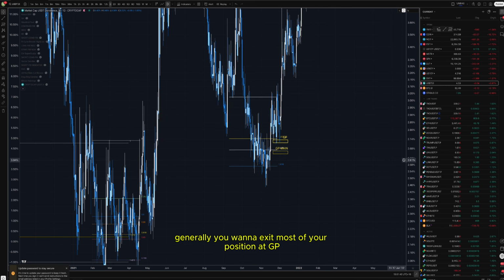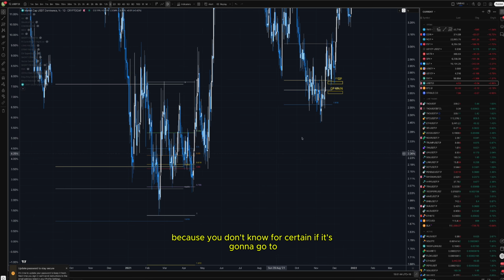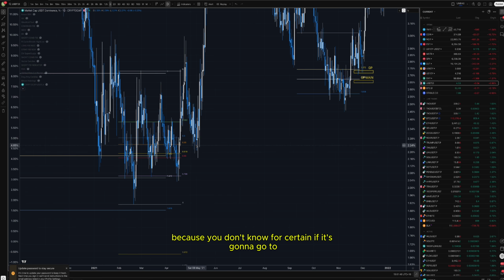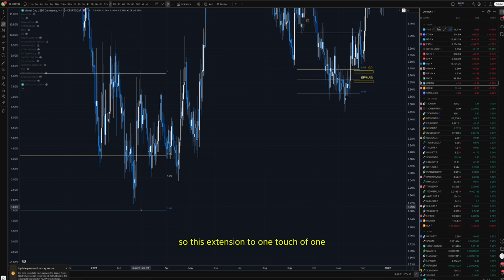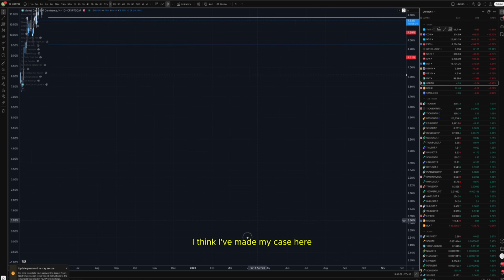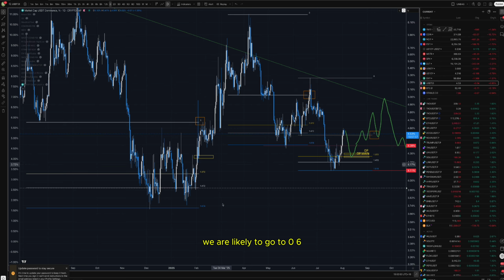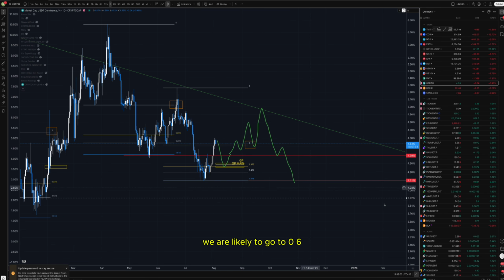Generally, you want to exit most of your position at GP number 1, because you don't know for certain if it's going to go to GP main, right? So this extension to 1, touch of 1, it goes back at least to the 0618 area. I think I've made my case here where when 1 is touched, we are likely to go to 0618.